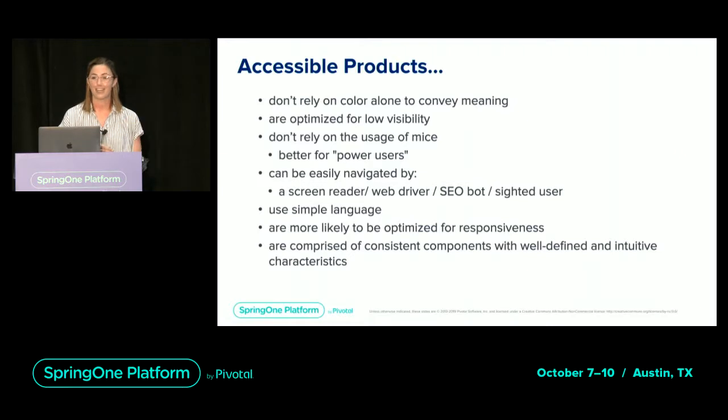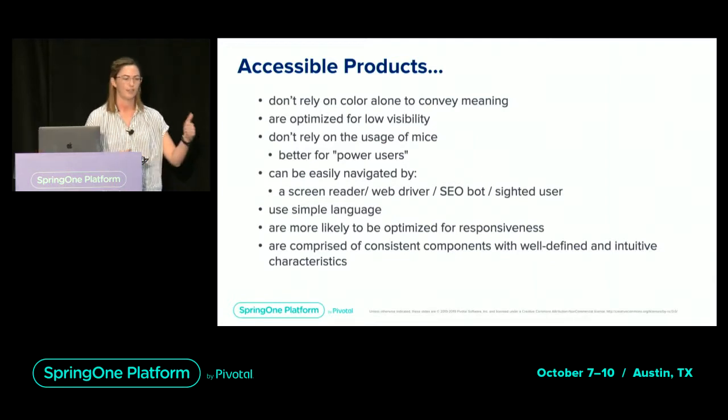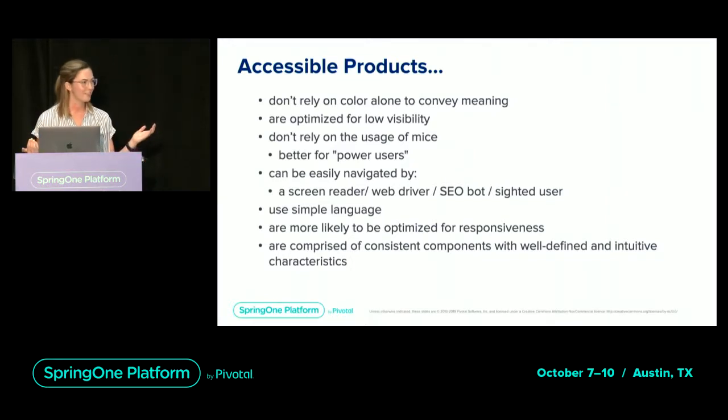And it's going to make those selectors that you write in the code when you're writing this test a lot easier to write. It's also more easily navigated by an SEO bot, so you can improve your order in the search results. And also probably going to be more easily navigated by a sighted user.